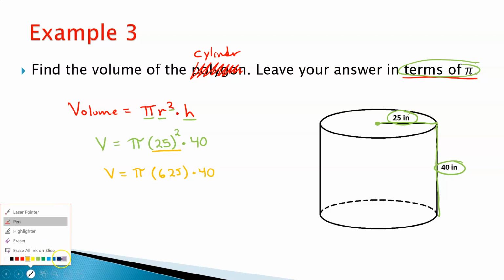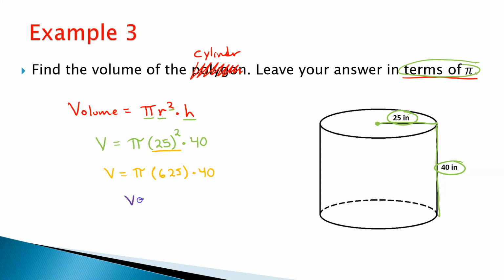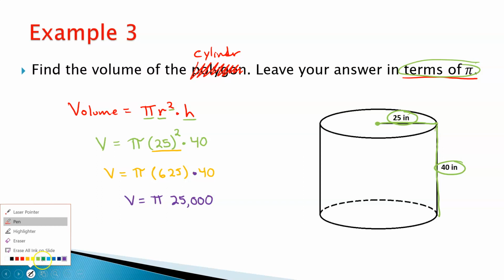Because I want to leave my answer in terms of pi, I'm not multiplying by pi just yet. Volume is equal to pi times 625 times the height, which was 40. I get 25,000. So we have pi times 25,000.